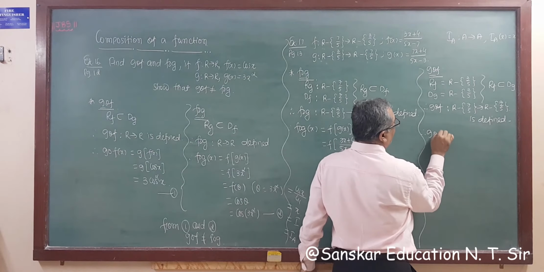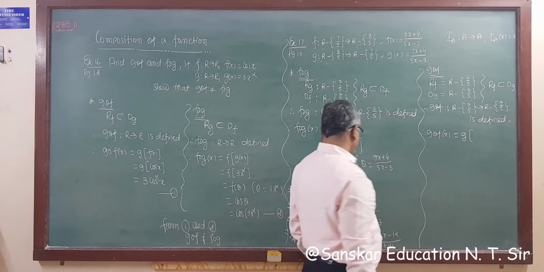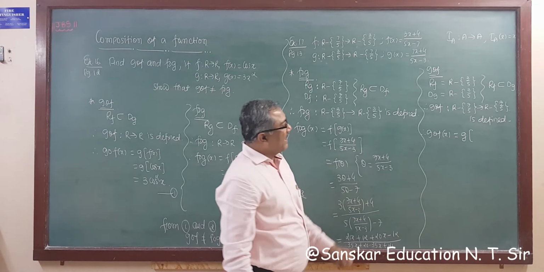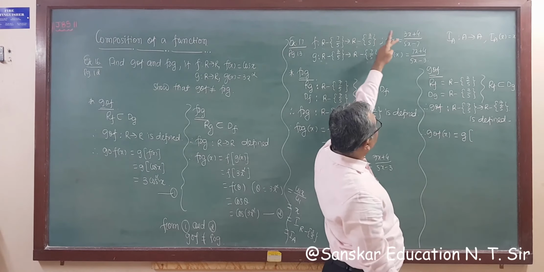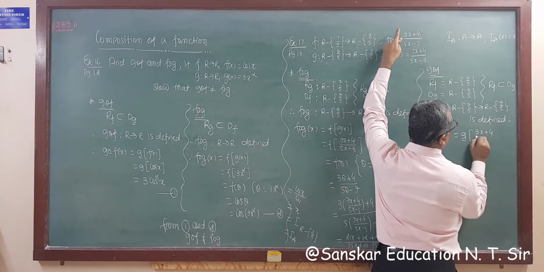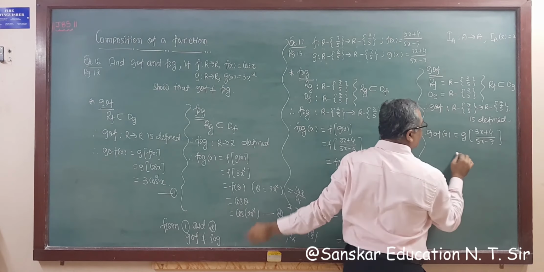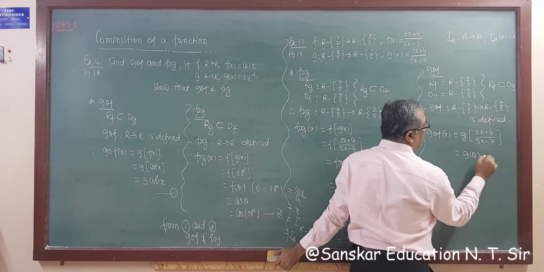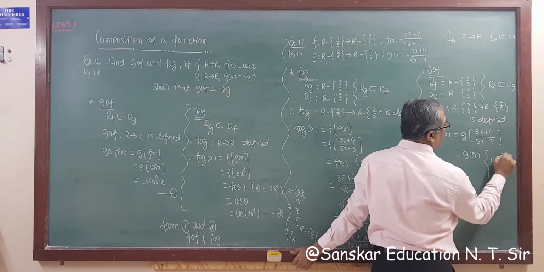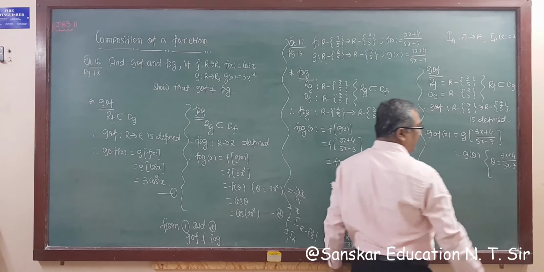So g over f of x is equal to g of f(x). What is f(x)? f(x) is (3x + 4) whole upon (5x - 7). Now assume theta, so this is g of theta, where theta is equal to (3x + 4) upon (5x - 7).